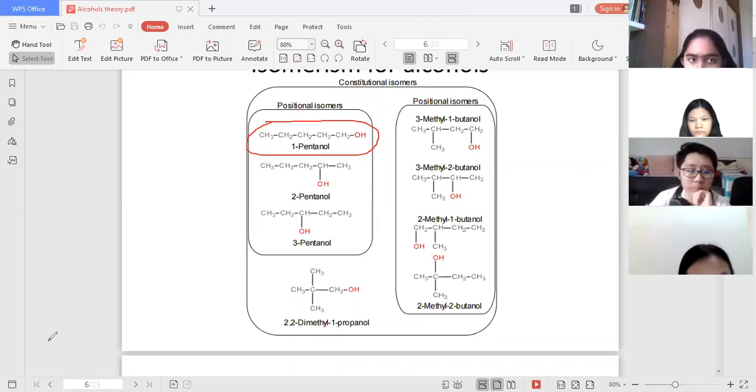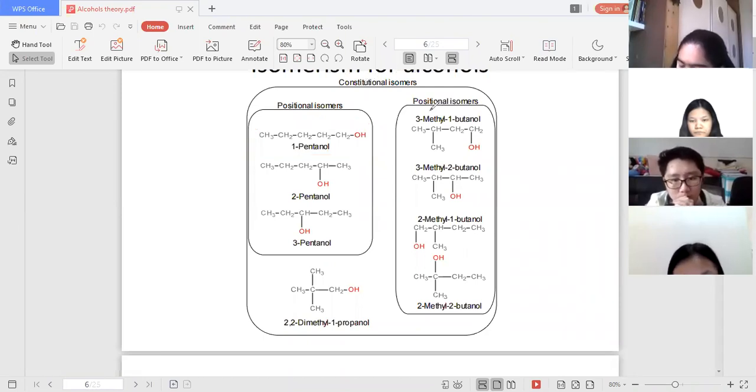Hello, Lawrence. Lawrence, I would like to ask whether this trimethyl butan-1-ol has an enantiomer. Is there any enantiomer for trimethyl butan-1-ol?